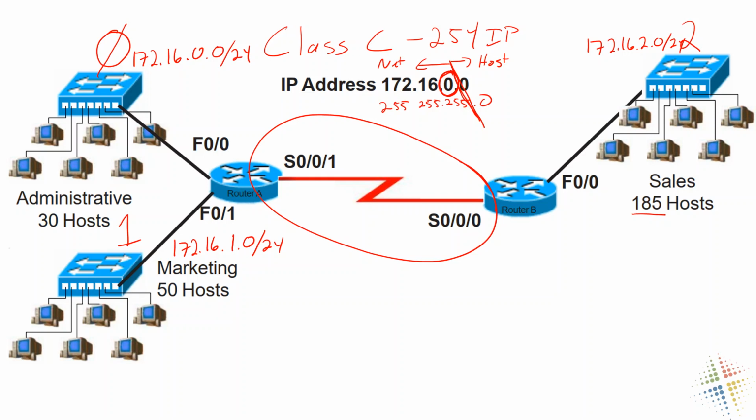The only place where I would actually start using VLSM is right here in the WAN environment, because there's only 2 IPs and I know there's only ever going to be 2 IPs. In that case, I probably would go extremely far out into the realm of saying this is going to be 172.254.0.0/30 or something along those lines. So then I have essentially, well, here's my first network, second and third. They're all Class Cs.